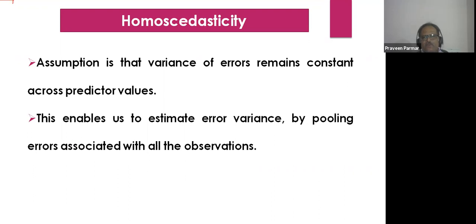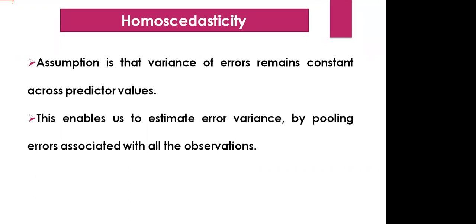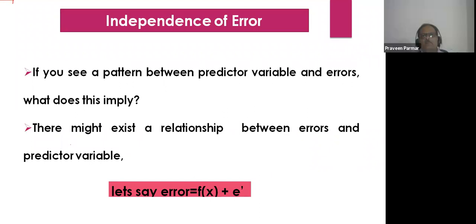This enables us to estimate error variance by pooling errors associated with all the observations. And independence of error: if you see a pattern between predictor variables and errors, what does this imply? There might exist a relationship between errors and the predictor variables.